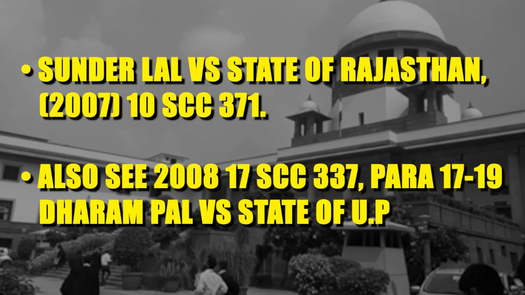And this has been discussed in some of the judgments of the Supreme Court. You may look into it. One is 2007 10 SCC 371 Sundarlal versus State of Rajasthan. The second is Dharampal versus State of UP, 2008 17 SCC 337, paragraphs 17 to 19.